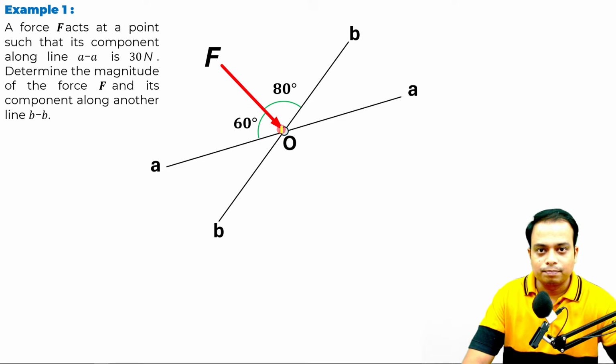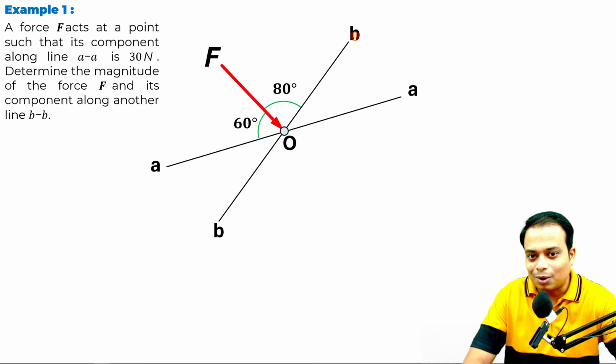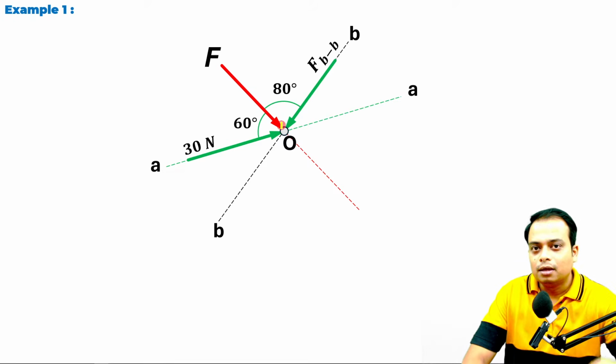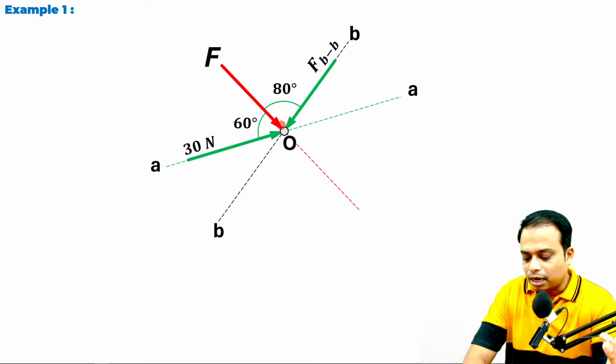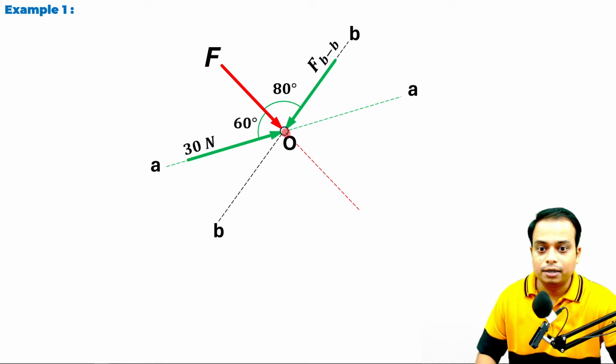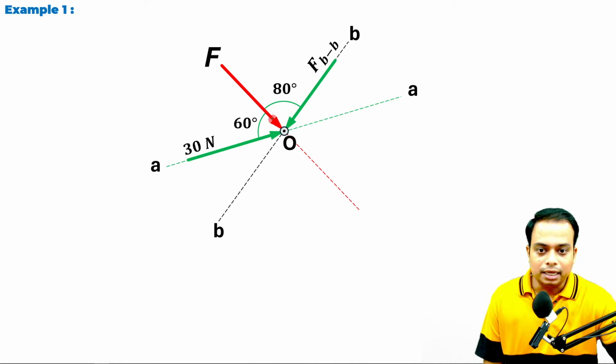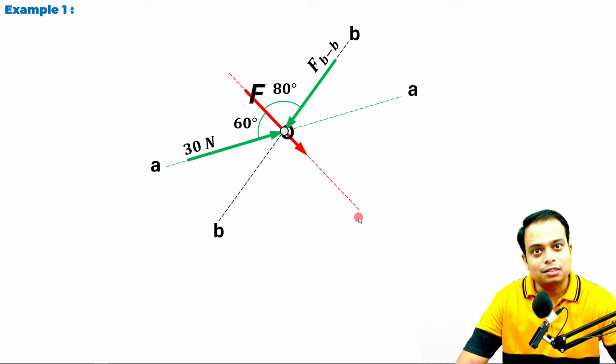So this force is going to have two components along BB and along AA. This is how you can write it. Now we are going to use the principle of transmissibility of forces, which states that if there is a force acting at a particular point, let's say this point O, let's say there is a particle over here at O, then you can transfer this force along its line of action in this fashion.